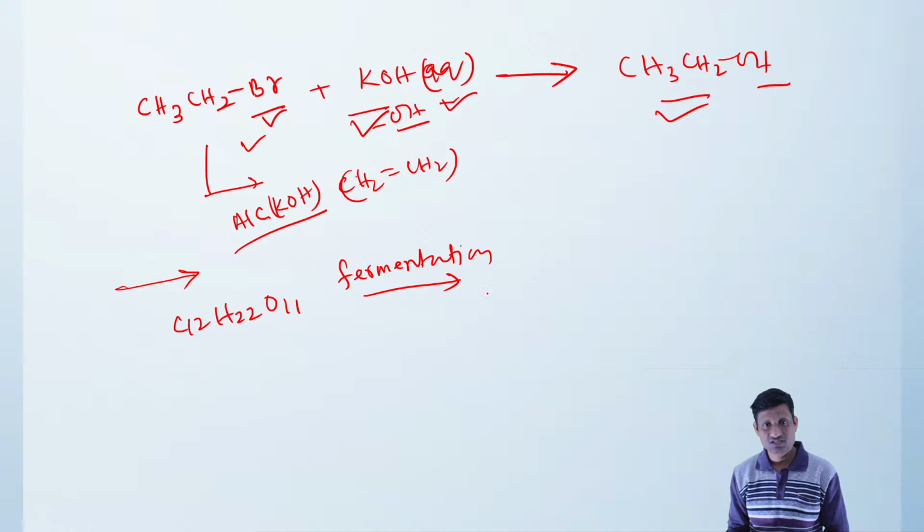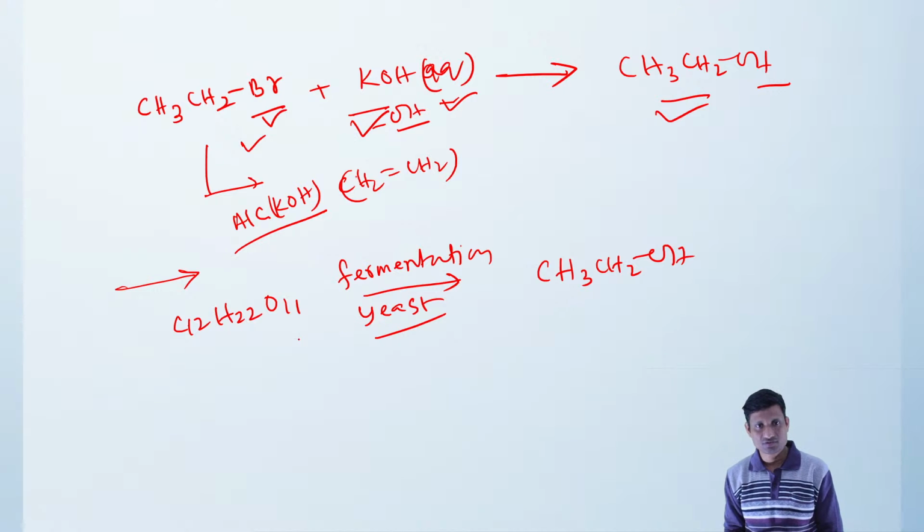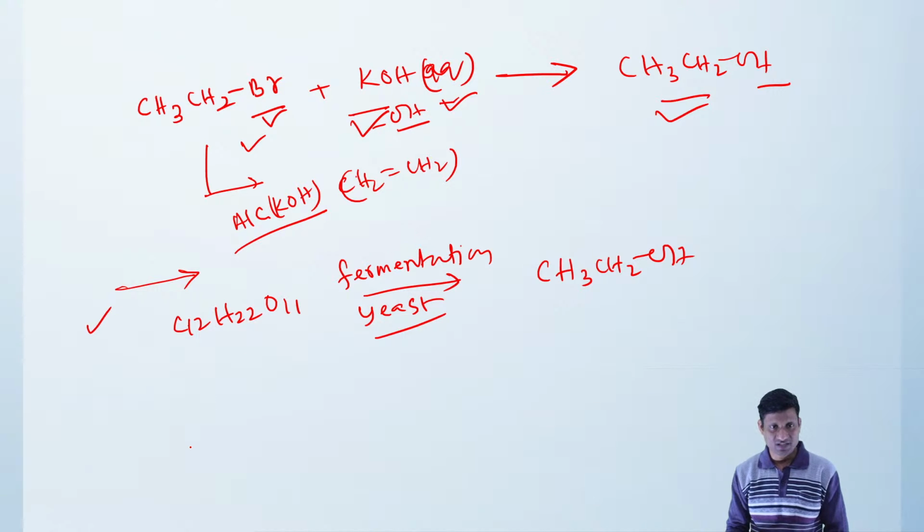So it is a two-step reaction. First you will have glucose, and then you will have the alcohol. For this fermentation you need bacteria, that is yeast we use. So this is for large scale industrial preparation, so we use this method.